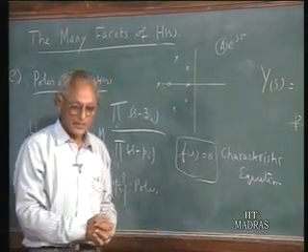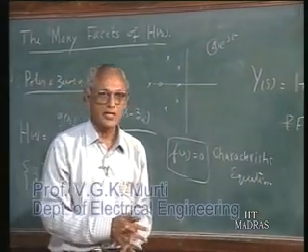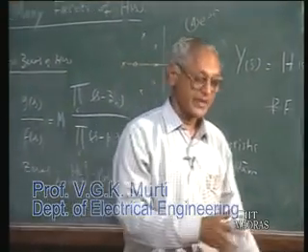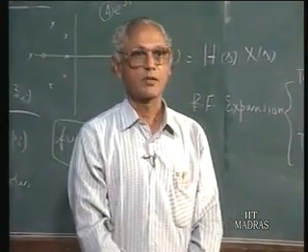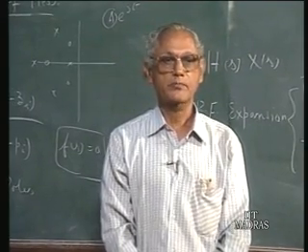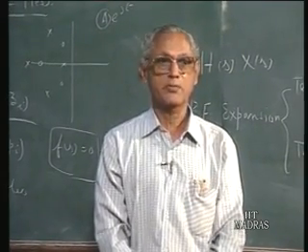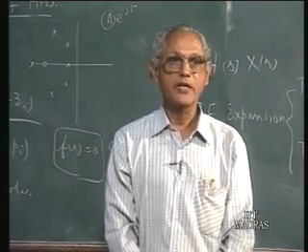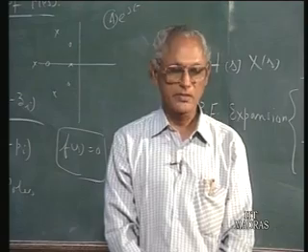So in this lecture, what we have done so far is acquaint ourselves with the definition of the system function in terms of the Laplace transforms. You recall that the system function is defined as the ratio of the Laplace transform of the response quantity to the Laplace transform of the excitation quantity, with zero initial conditions prior to the application of the input.